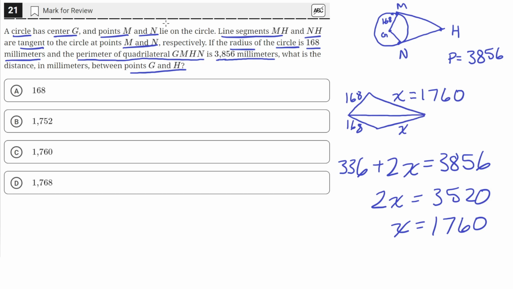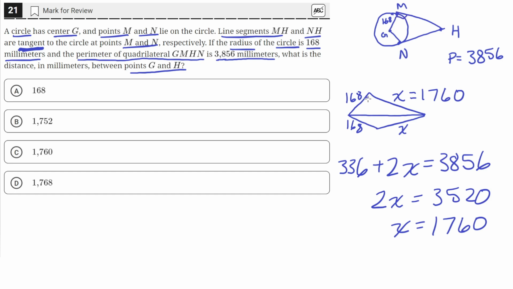Going back to the problem, like we mentioned, the MH and NH line segments are tangent to the circle. This means that this line segment is perpendicular to the radius going from the intersection between the line segment and the circle to the center. So this right here is a right angle.